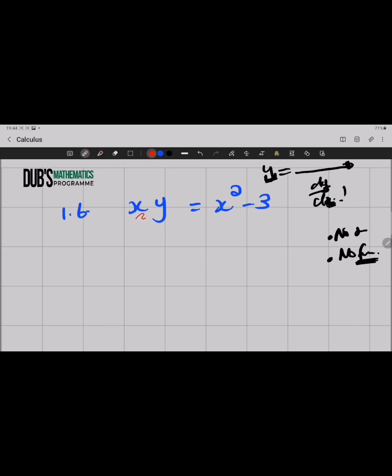You will divide both sides by x to get rid of this x here and also divide by x here. What do we get? These two will cancel out, so we will be left with y equal to x squared minus 3 over x.